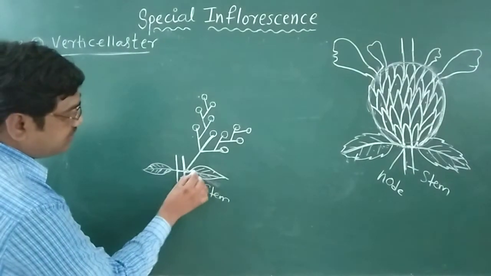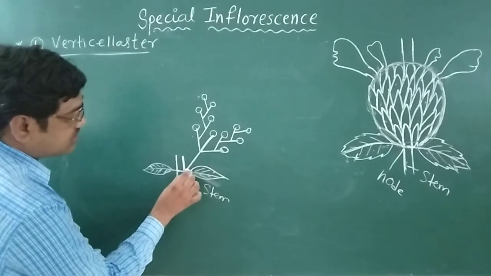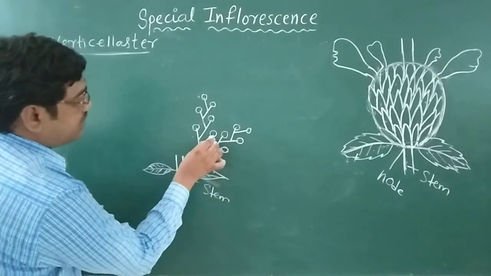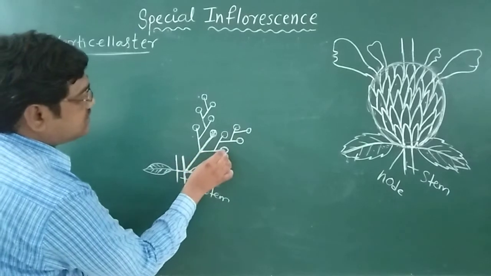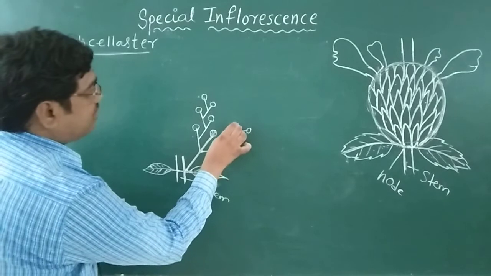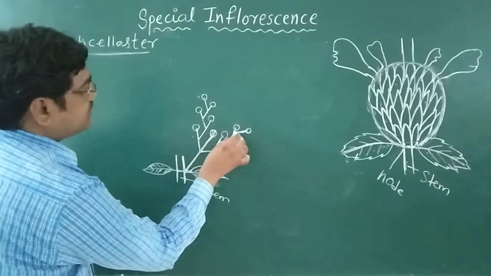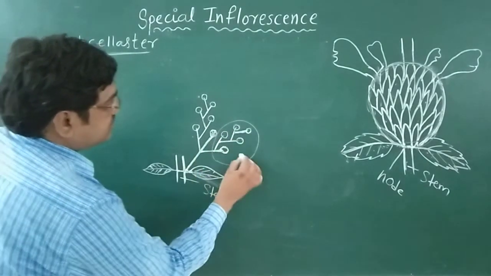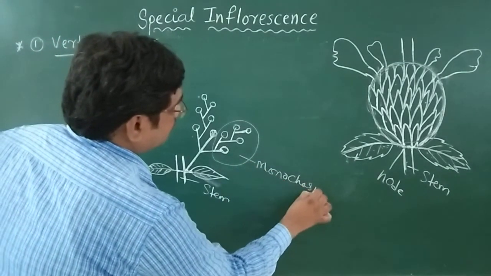From this side, this is the leaf. At the axillary position of the leaf, the first dichasial cyme is formed. This is the dichasial cyme. It is terminated with two monochasial scorpioid cymes. Monochasial scorpioid means the flowers are arranged in a zigzag manner.